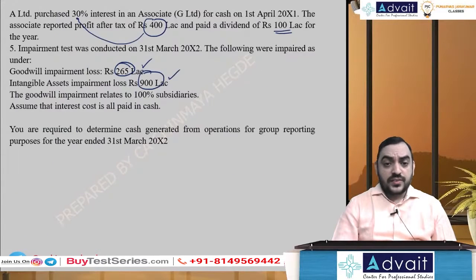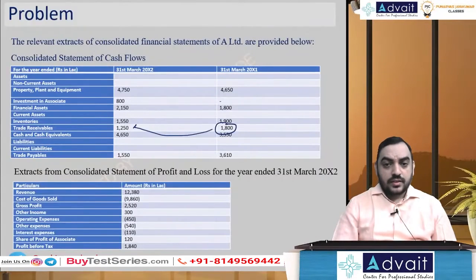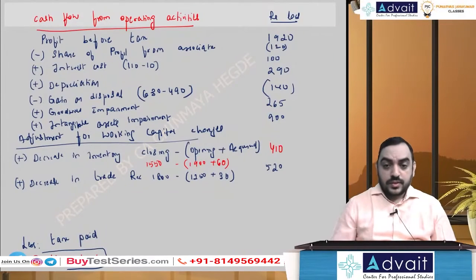Sorry, opening balance is 1800. Sorry, I did the wrong thing. Opening balance is 1800. So it is 1250 minus 1800 plus 30. You get 580, not 520, 580 you get. This is a decrease, meaning increase in cash flow, so I'm adding it.